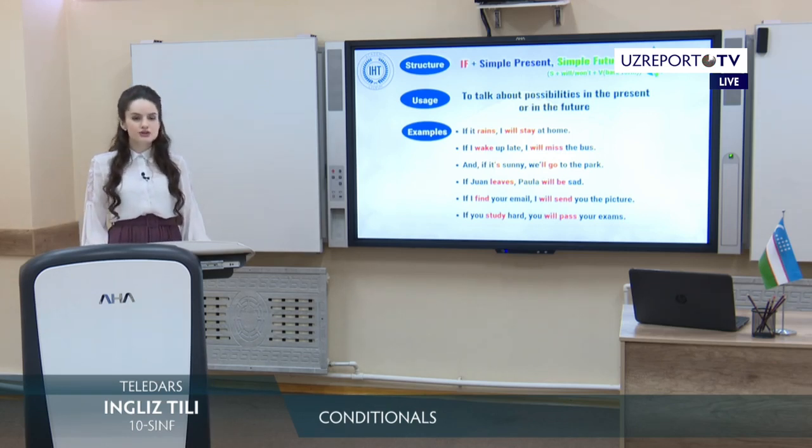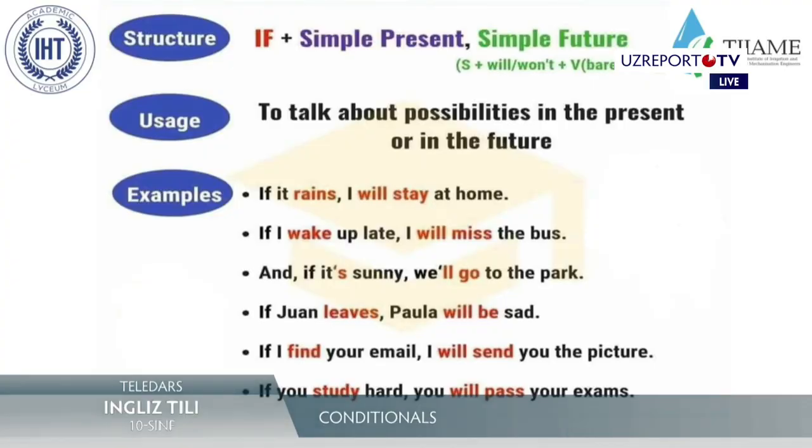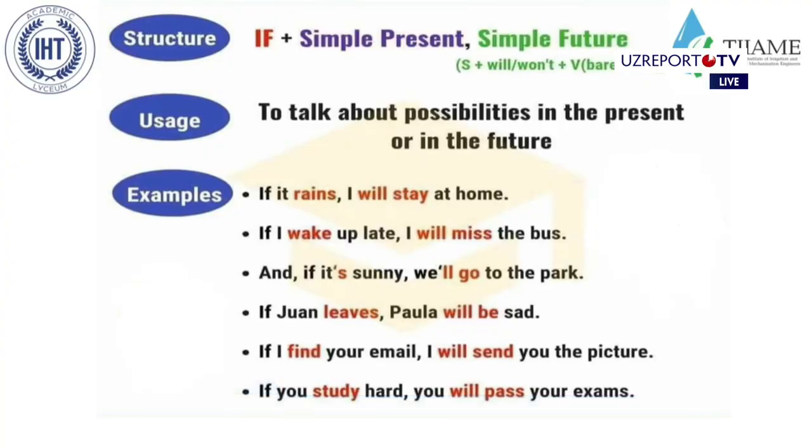So again, the conditional word. If, for example, is the most widespread word, as you know, I hope. Then simple present, then simple future. Simple future tense we may create with the help of shall and will. But pay attention that here I put only will and won't, so will not for the negative form.